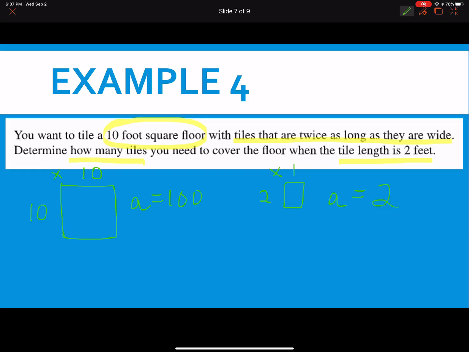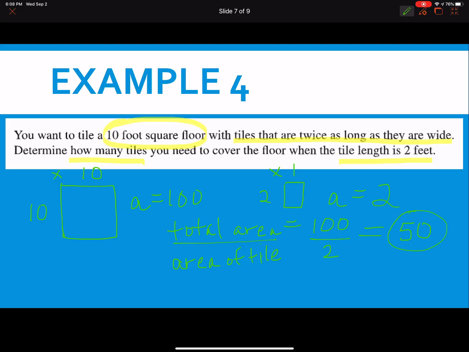So if I know I have an entire floor, or a total area, equal to 100, and I know the area of my tiles is 2, then I can break that into a division problem and know how many tiles I need to cover that floor.